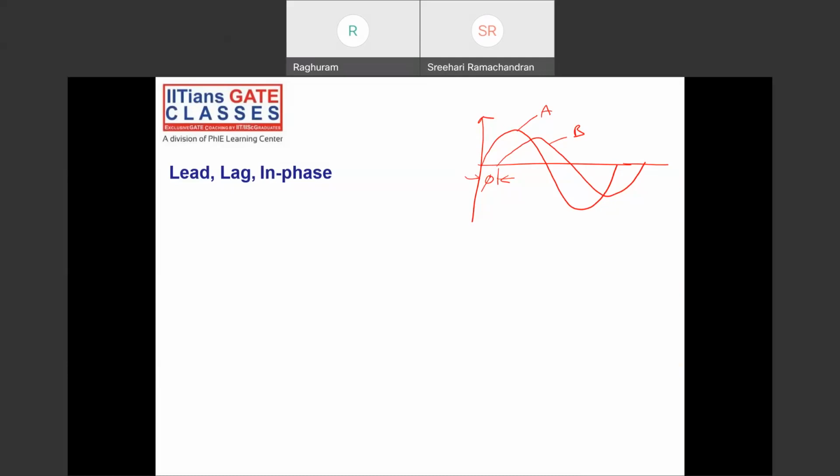A is leading B by 5 degrees. Or you can write B lags A by 5 degrees.